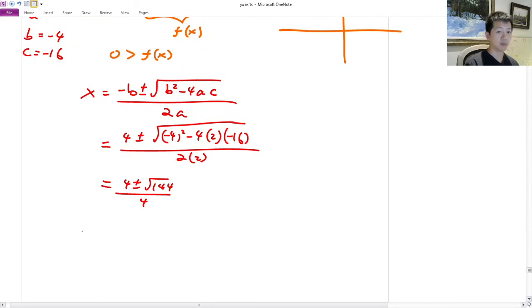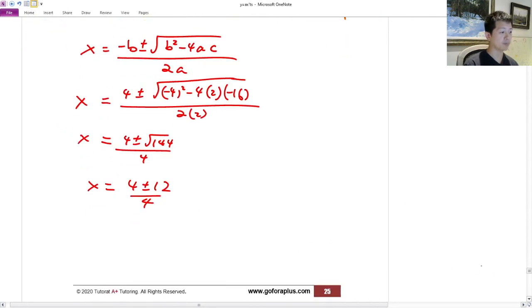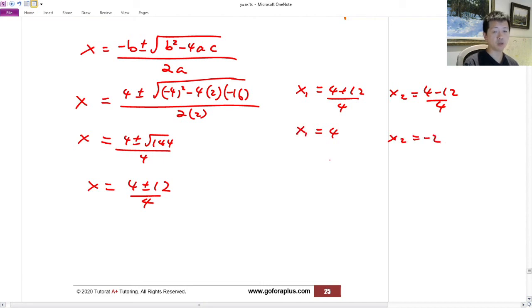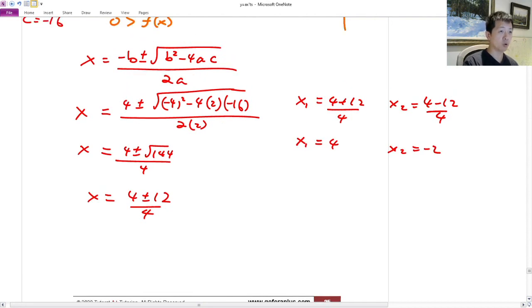And this is basically my x here, x equals 4 plus or minus 12 over 4. My first x is 4 plus 12 over 4, which is 4. My second 0 is 4 minus 12 over 4, which is minus 2. So I have my two answers here, minus 2 and 4.